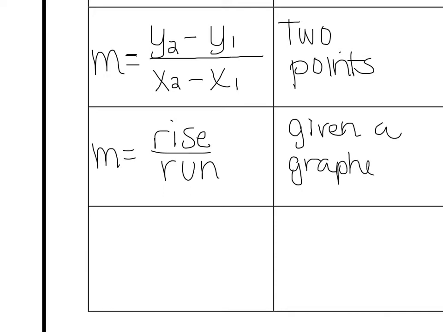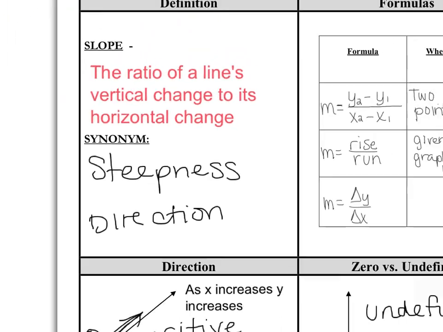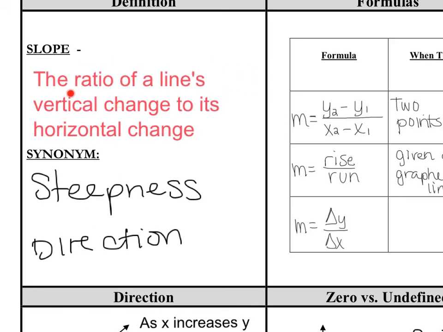And another formula, which is actually the same thing as rise over run, it's just a little more mathematical, would be m equals delta y over delta x. And remember that the Greek letter delta means change in, so this would mean the change in y, which if you come over here to our definition, that's our vertical change. The y is the vertical axis.